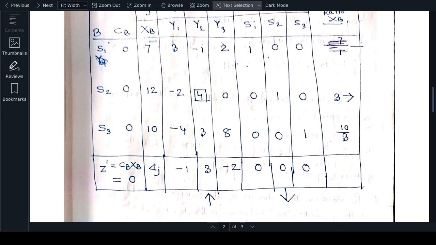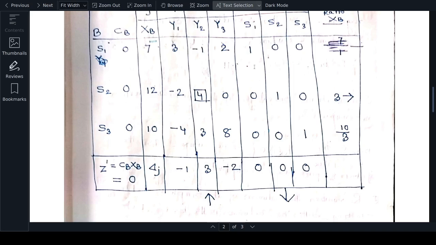Because you see, in the 10 place the corresponding element is 12 in the key row or minimum ratio row. So we take 12, and also here 3 you take. So 10 minus 3 into 12 divided by 4. So ultimately we get this one will be 1.